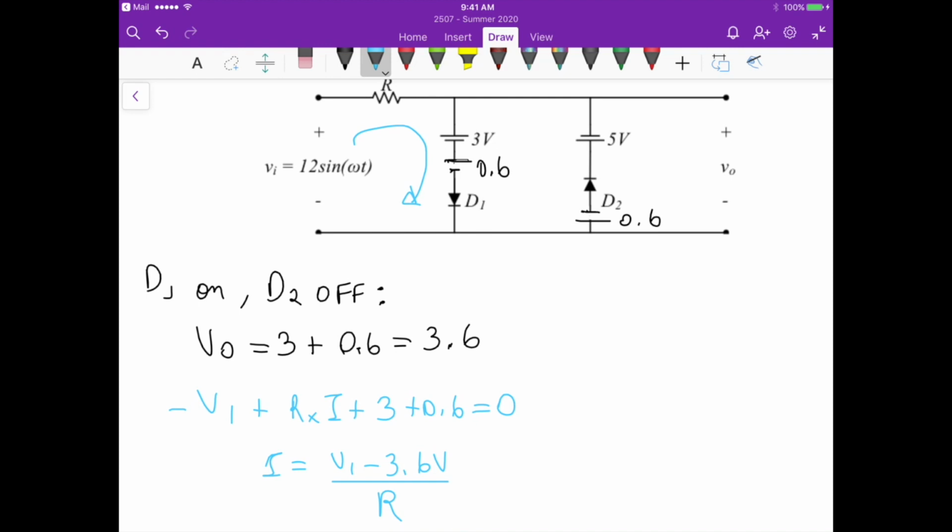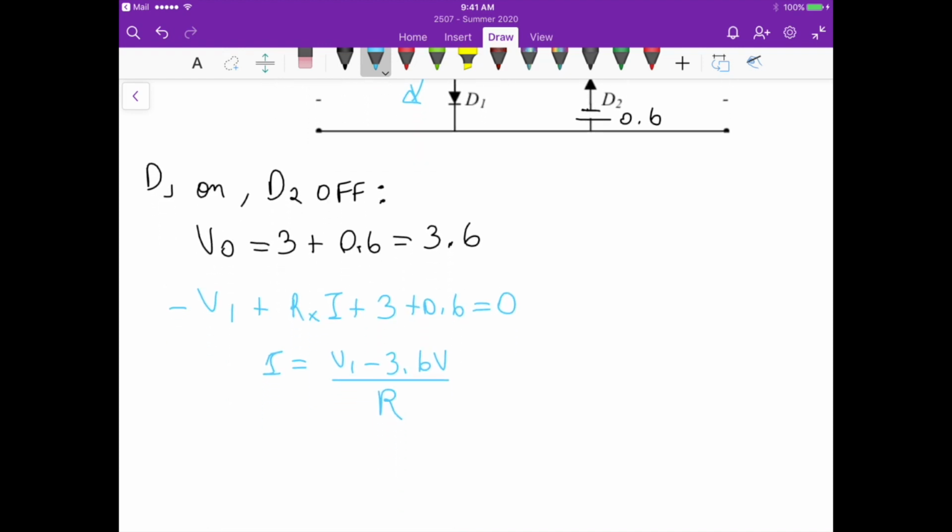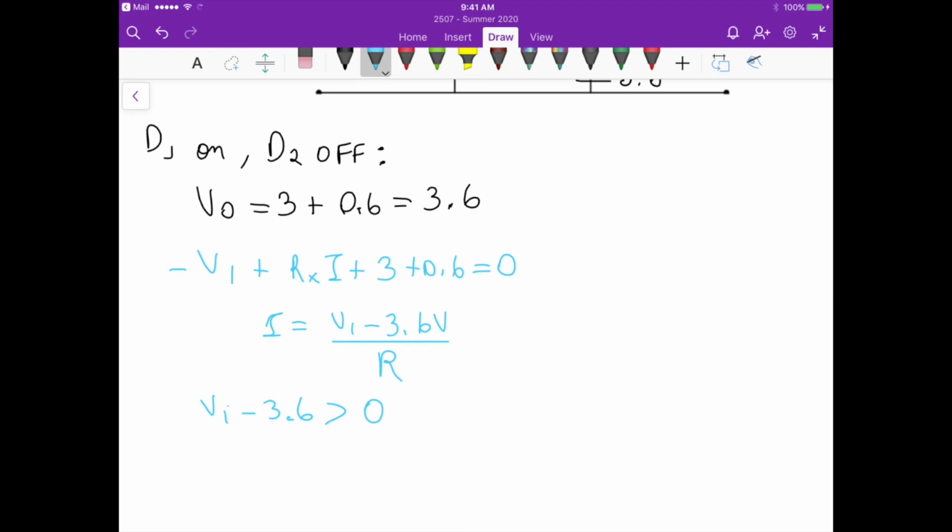For this to be positive, VI minus 3.6 needs to be greater than 0. So VI should be greater than 3.6 volts. This is the first condition, where we observe D1 on and D2 off.